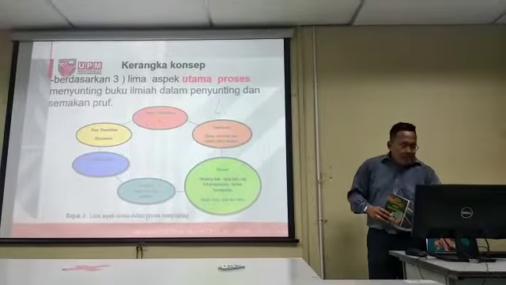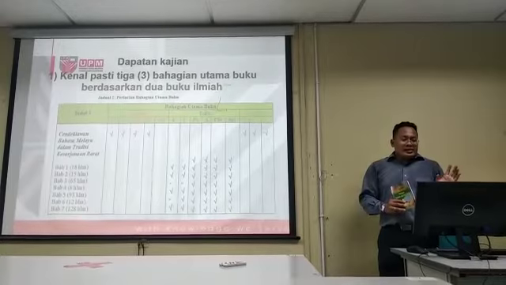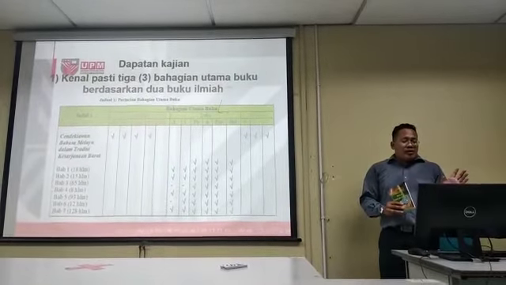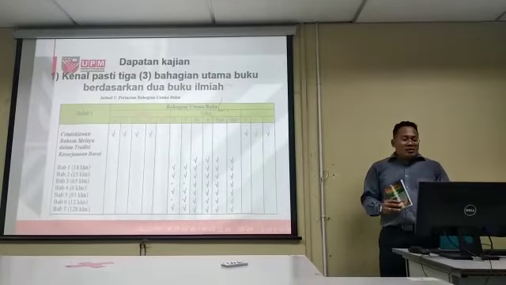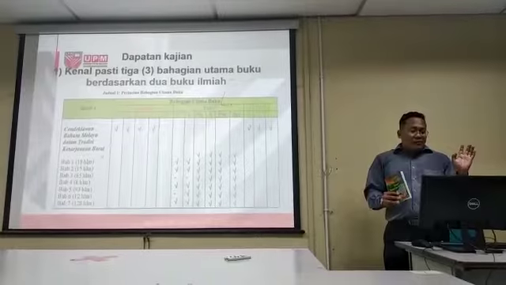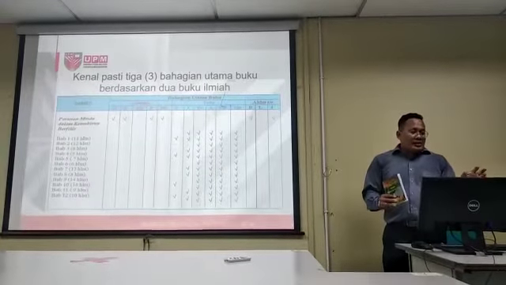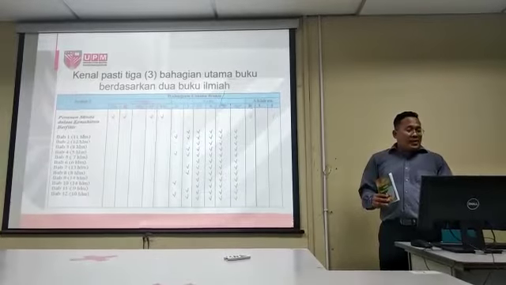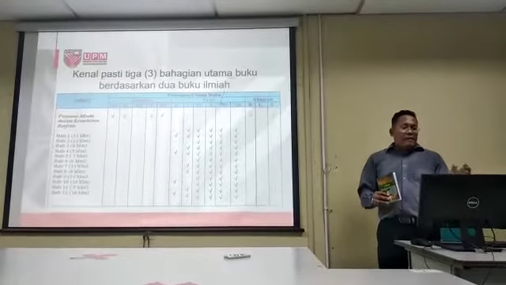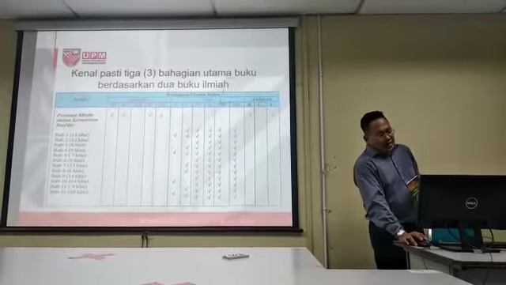And then this table shows the book Cendekiawan Bahasa Melayu. Alhamdulillah, this book has all the elements, from prelim and chapter to ending. Following the other book, Peranan Minda dalam Kemahiran Berfikir also has the prelim, the chapter, and the ending.